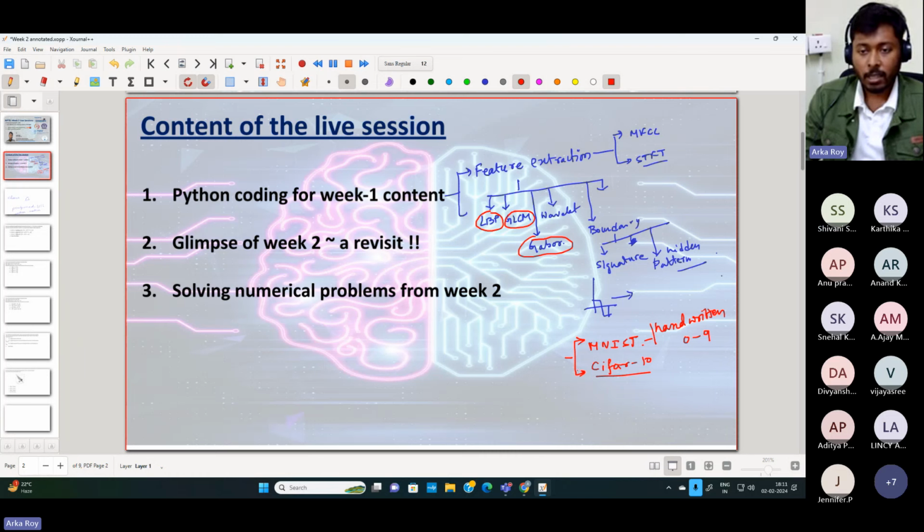or MNIST dataset. And along with that, we'll be using Python to implement this, and the platform that we'll be using is Google Colab. In Google Colab, you don't have to worry about installing Anaconda and other dependencies.